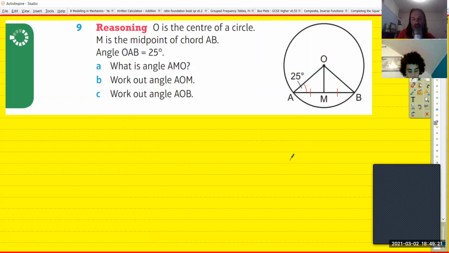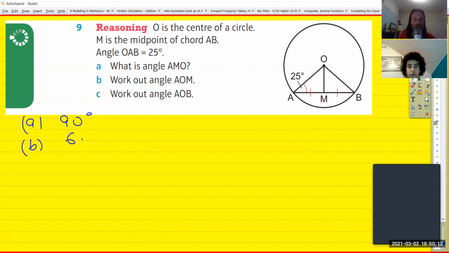And okay, angles. AMO is 90. Yep. AOM is 65.